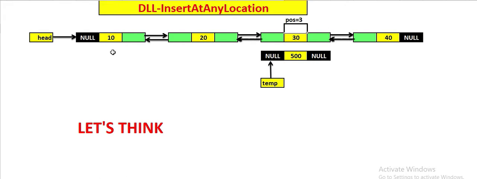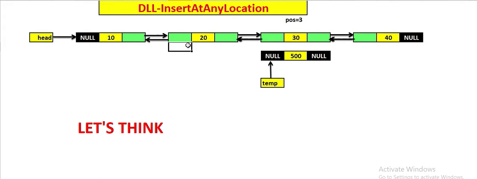The thing is that you have to take a reference pointer to the first node, where the head is pointing to, and then move it to the location one place before the location we want to shift. So if the position is 3, we have to shift the temp 1 to the second node.